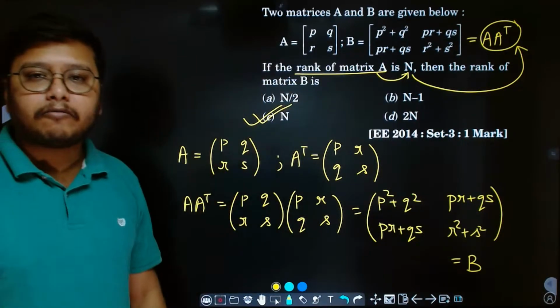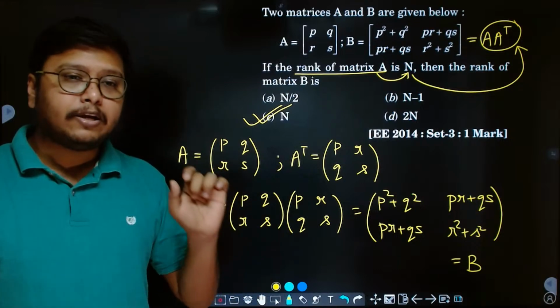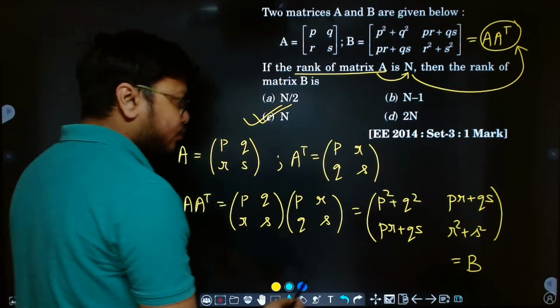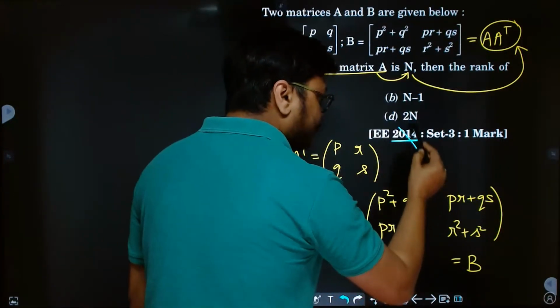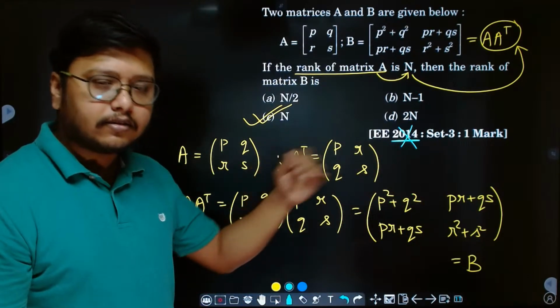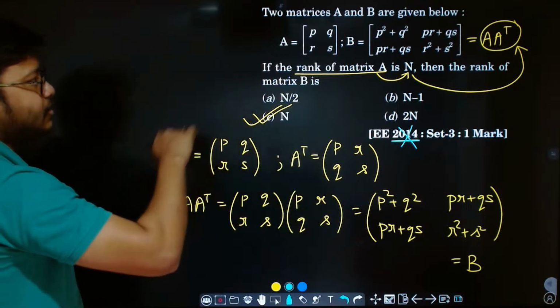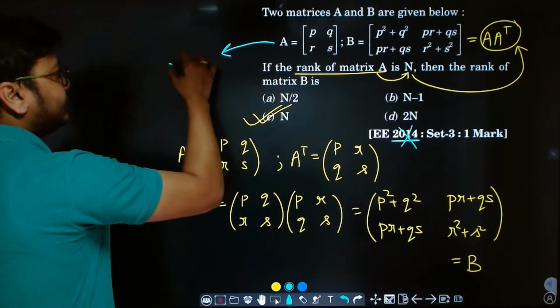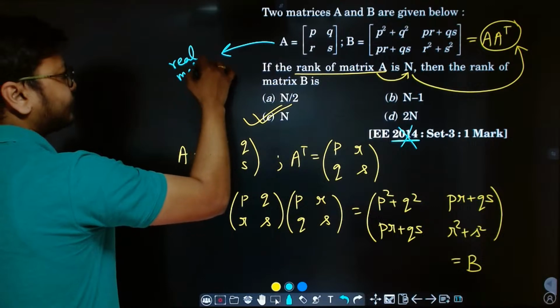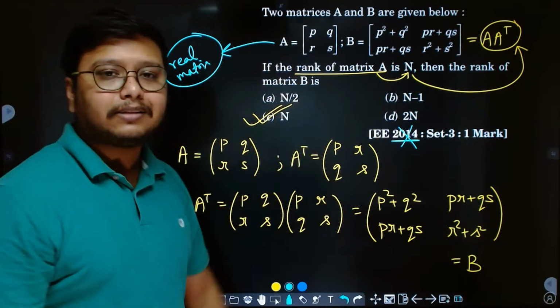And we know rank of A is same as A transpose, but provided this is not a very good question. If someone challenges this question, then they will have to provide free marks, because it is not mentioned anywhere whether this is a real matrix or not. So here we are all assuming that P, Q, R, S are real numbers.